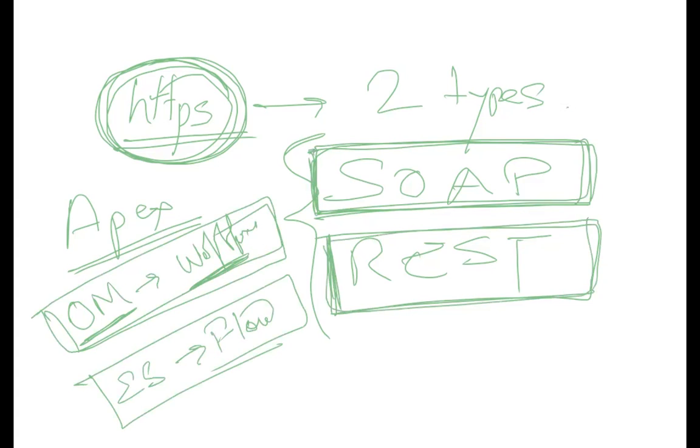Now, what is this API? What is the format of data I have to send, and what is the format of data that will come back? That data representation or description, or data schema as we call it, is given in SOAP through a file called WSDL, Web Service Description Language.